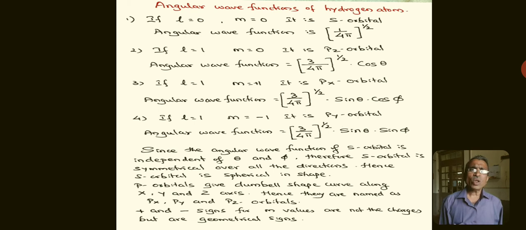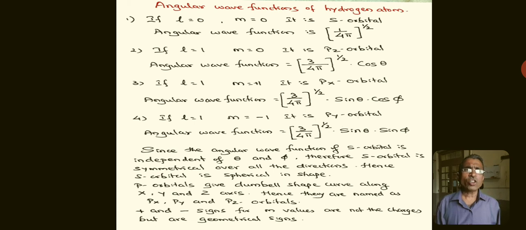If l is equal to 1 and m is equal to plus 1, it represents the px orbital. Angular wave function for this is 3 upon 4 pi raised to 1 by 2 into sin theta into cos phi. If l is equal to 1 and m is equal to minus 1, it represents the py orbital.